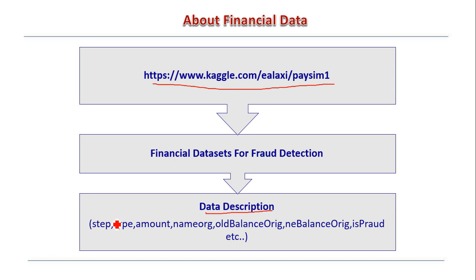Step is the time at which the transaction happened, type is what type of transaction, the amount of the transaction, then the name of the organization, old balance and new balance, and whether it is fraud or not. So these are the attributes in my data set.